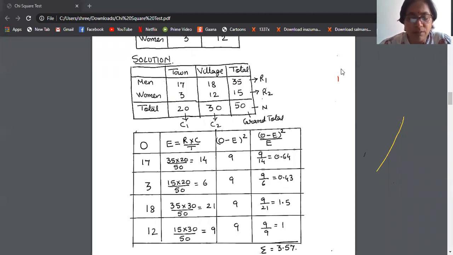So don't bother about the sign of the number, whether it is positive or negative. Just check the difference between the two numbers. Like 17 minus 14 is 3, 3 square is 9. 6 minus 3, I am not doing 3 minus 6, I am doing 6 minus 3, which is 3, 3 square is 9. 18 minus 21 or 21 minus 18 is 3, again 3 square is 9. 12 minus 9 is 3, again 3 square is 9. Okay.